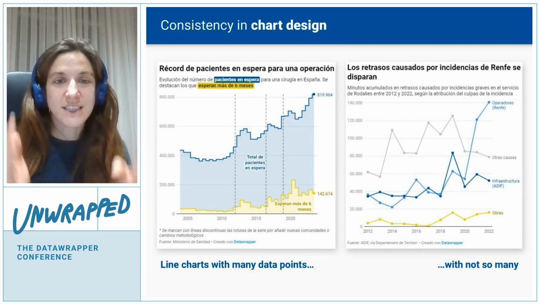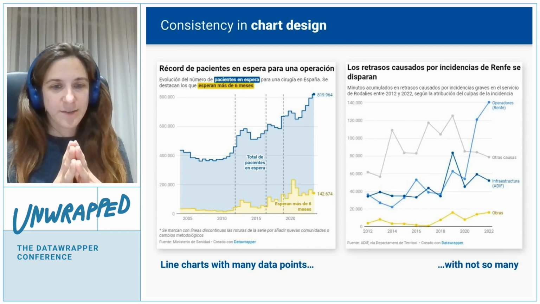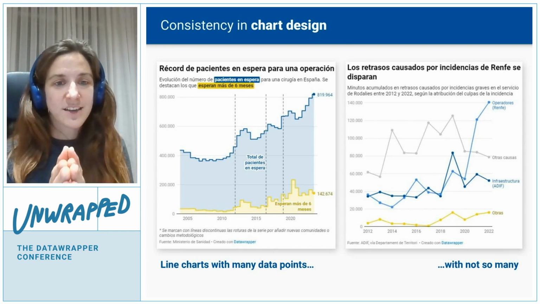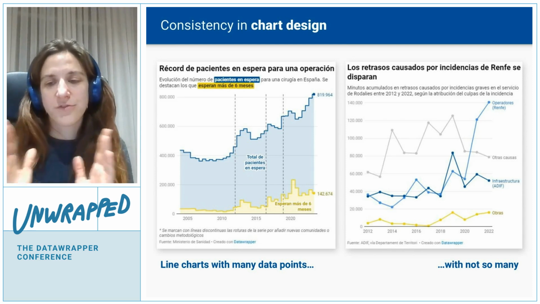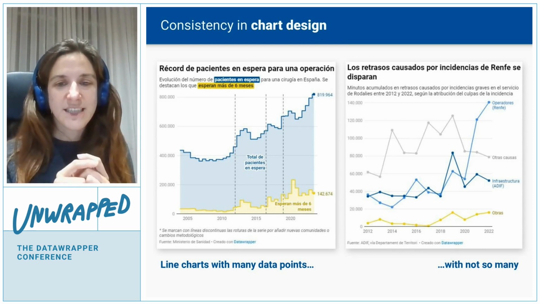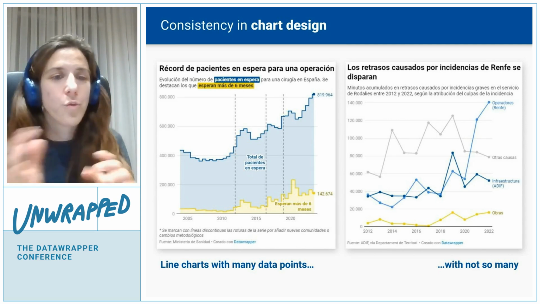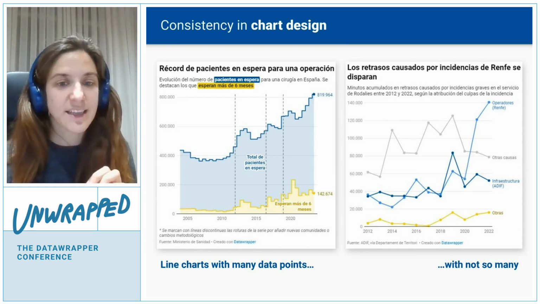This was a design decision we've taken before. So now every time we are making a new line chart, we know that if it's a chart with lots of data points, we will use the steps. And on the other side, if it has a few, we will use the straight lines.